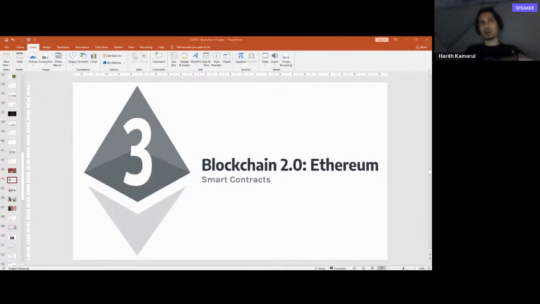Another way to think of it is now, instead of just decentralized money, it's also programmable money. So you can program your transactions to be done based on certain conditions. And my favorite way of describing it is unstoppable applications.